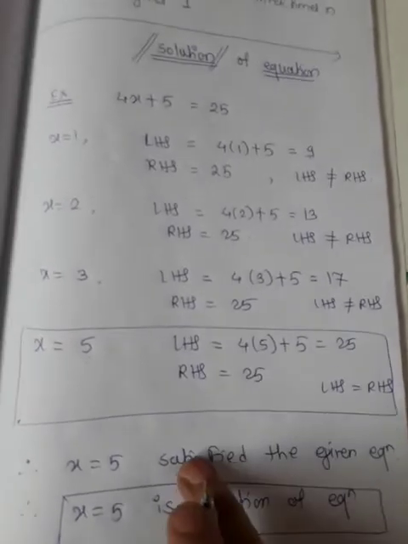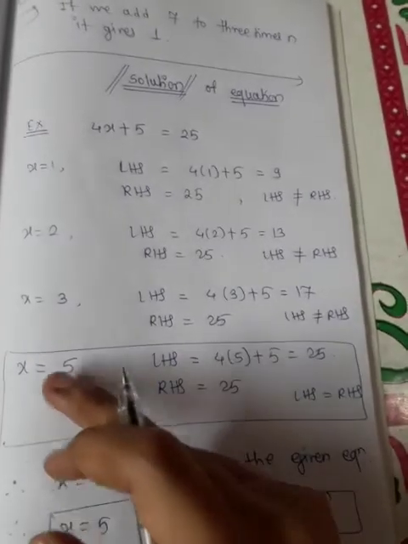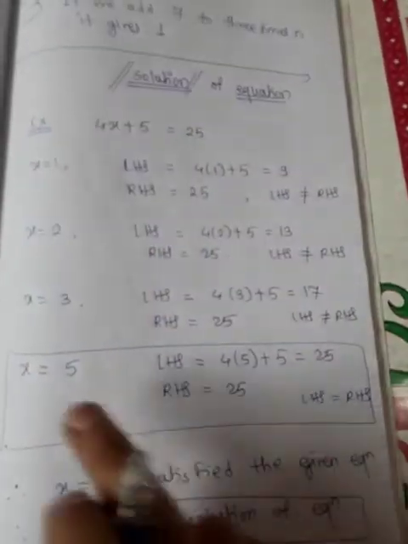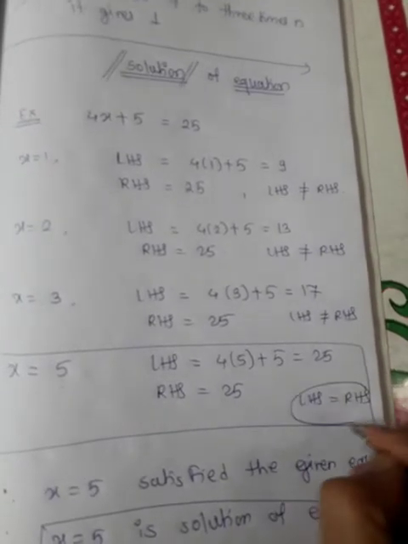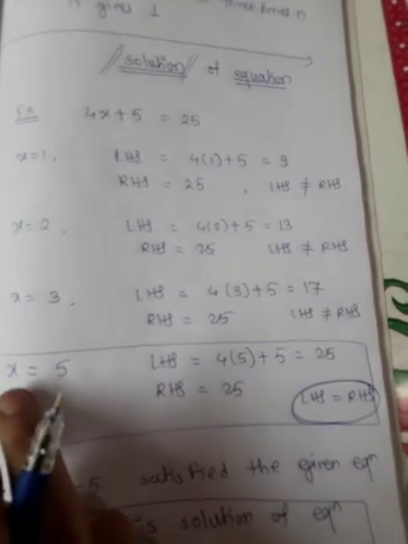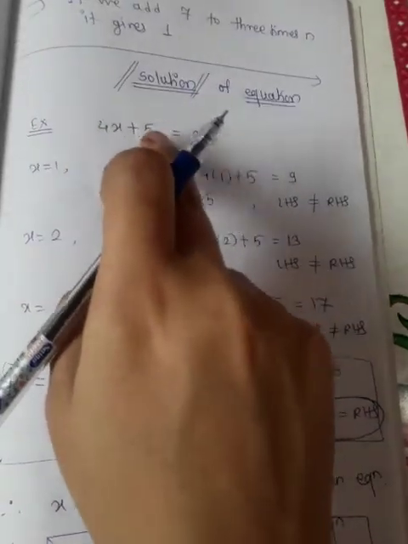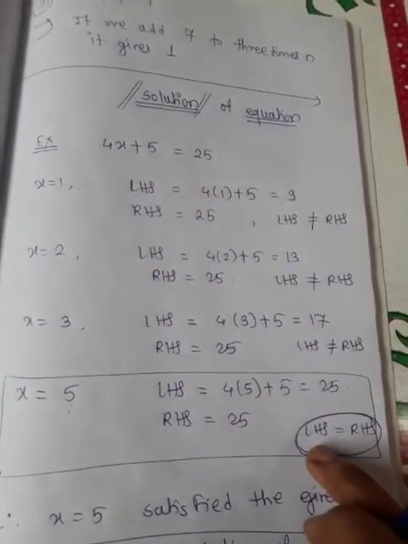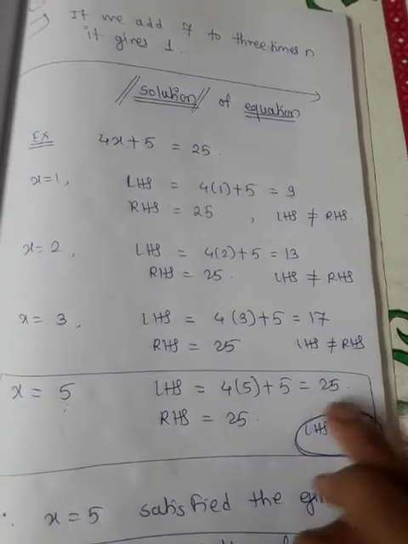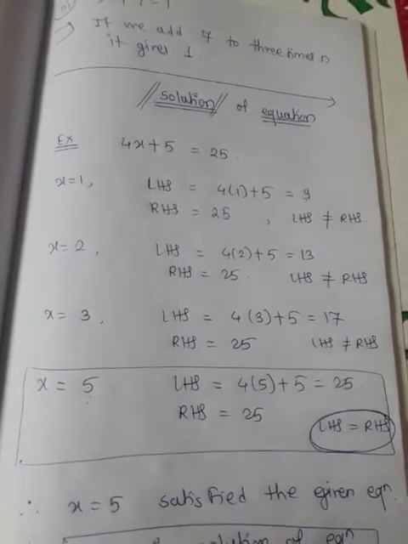To be a solution, it must satisfy the given equation. Satisfies means: if we put the value of x in that equation, LHS must be equal to RHS. This condition is most important to make a solution. So here x equal to 5 is the solution of the given equation, because if we put x equal to 5, then LHS is equal to RHS. This property holds.